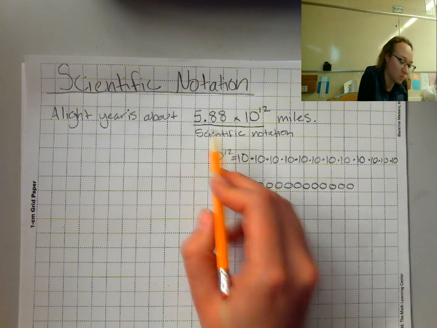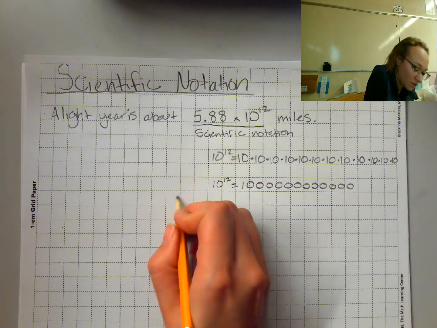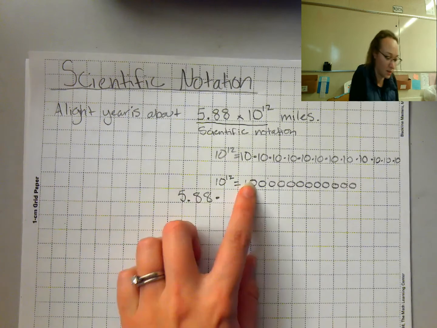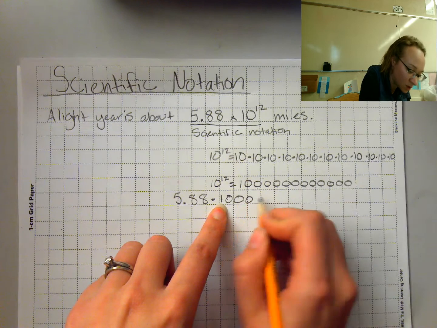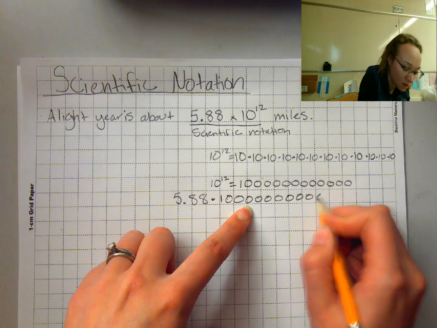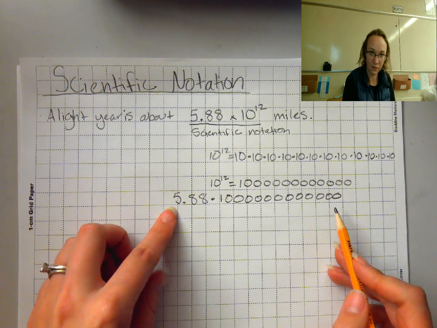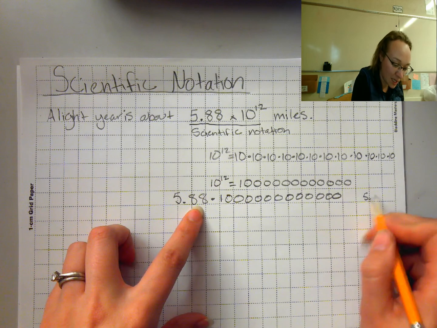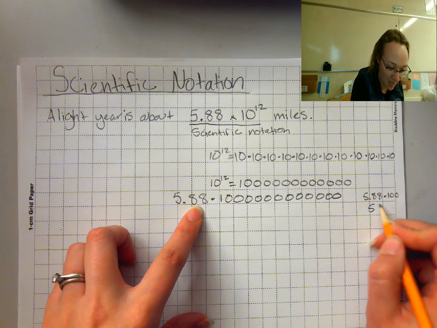But then I was supposed to multiply that by 5.88. So we've got 5.88 times this beast, which is 1 with 12 zeros behind it. If I did 5.88 times 100, that would give me 588.